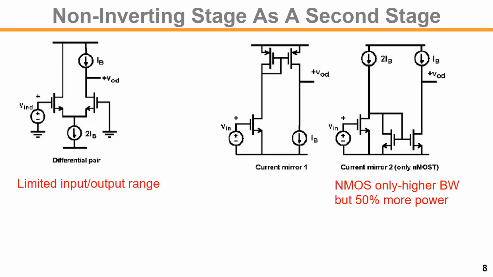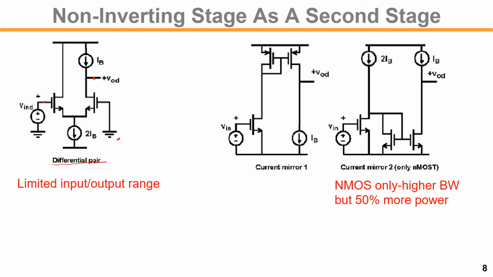This is an example of how we actually implement a non-inverting stage as a second stage. Let's start with the differential pair here. If you tie the positive terminal to the input and the other negative input to ground, then the gain from input to output here is positive, right?